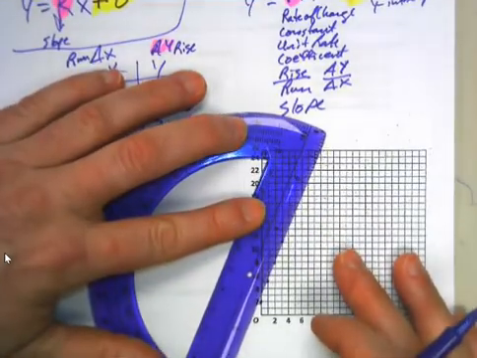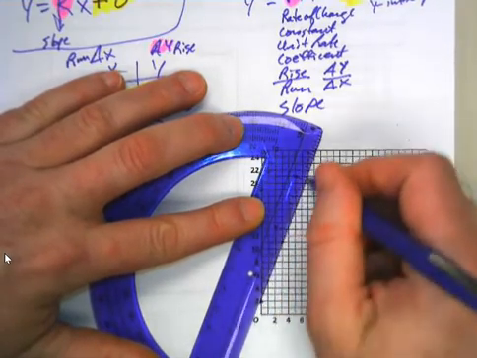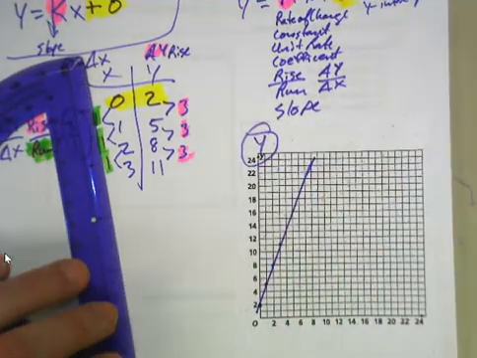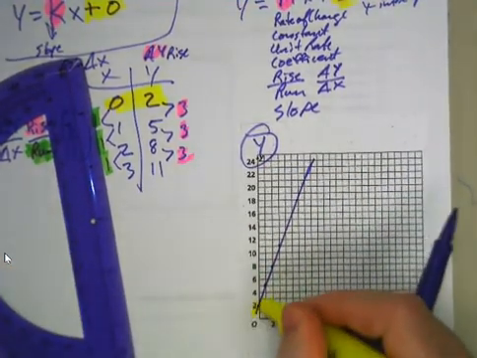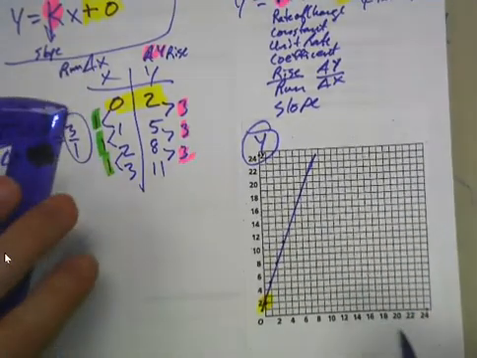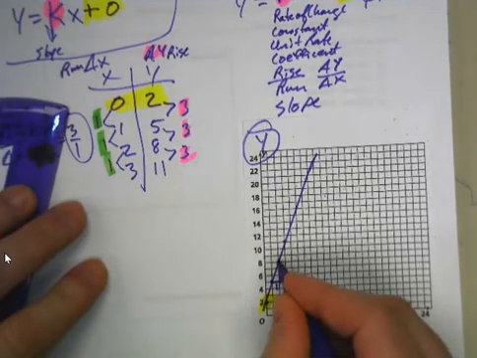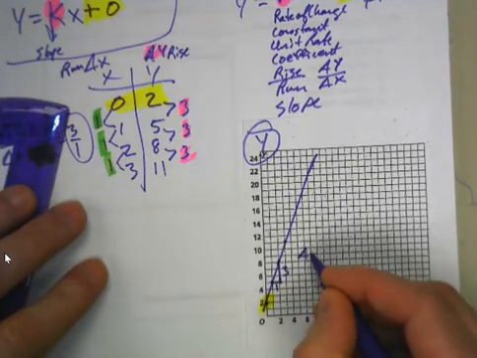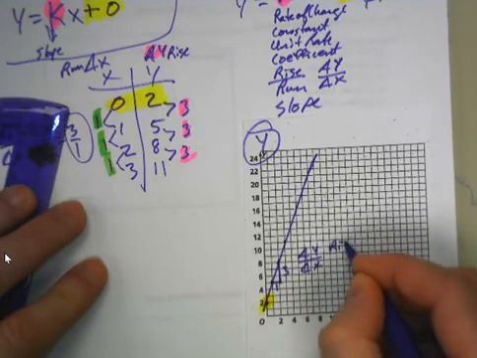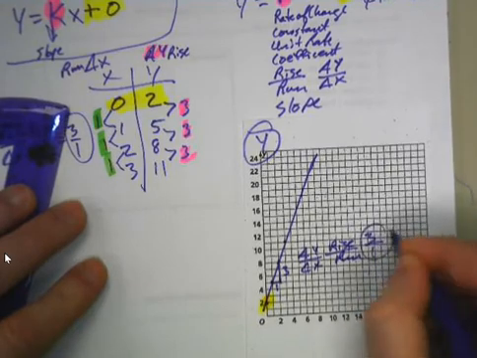But the difference here is that while it might be a straight line, the y-intercept, where it crosses the y-axis, happens at the number 2. Now our run is still 1, and our rise is still 3, so our rise over run is still 3 over 1.